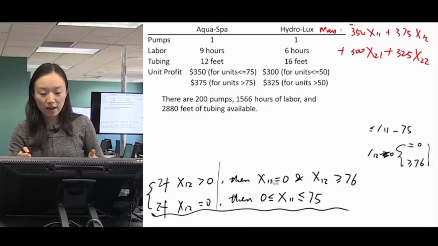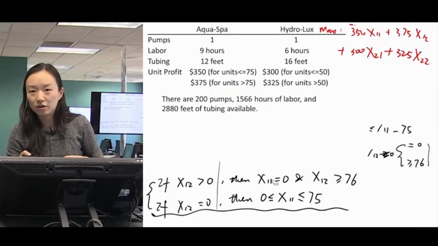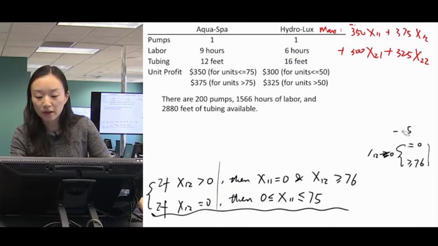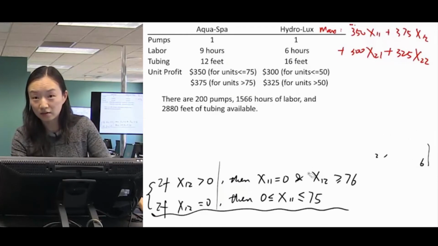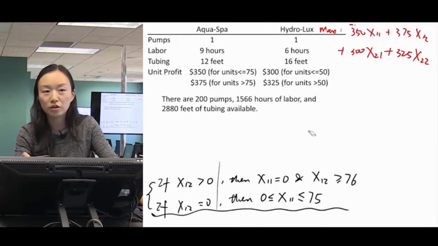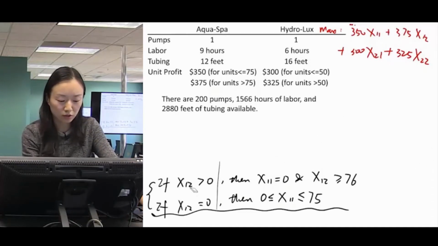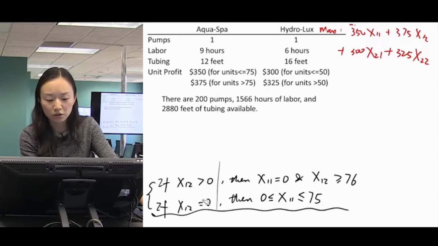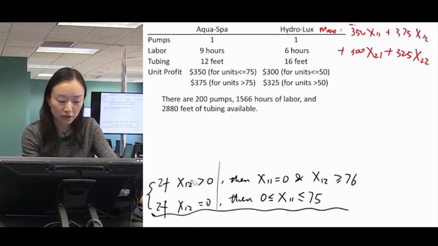Because x11 and x12 are linked together. You only start with one of them, and it leads to all the situations. You don't have to do both sets. So the question was, do you need to do both sets? You only need to choose one, because if the first set covers all the situations that can happen to x12, then we are good, because x11 will be determined by the x12 value here.